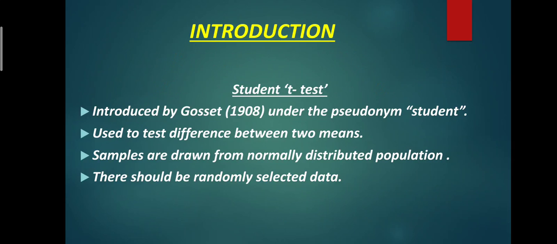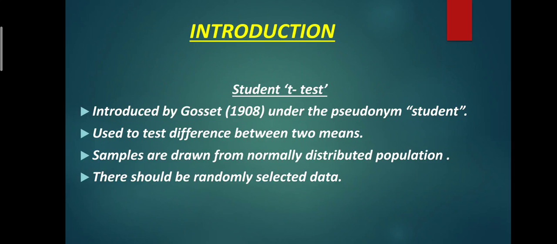It is used to test the difference between two means, whether the two mean values are significantly different from each other or they are close to each other. So this aspect we can analyze by applying this student t-test value.